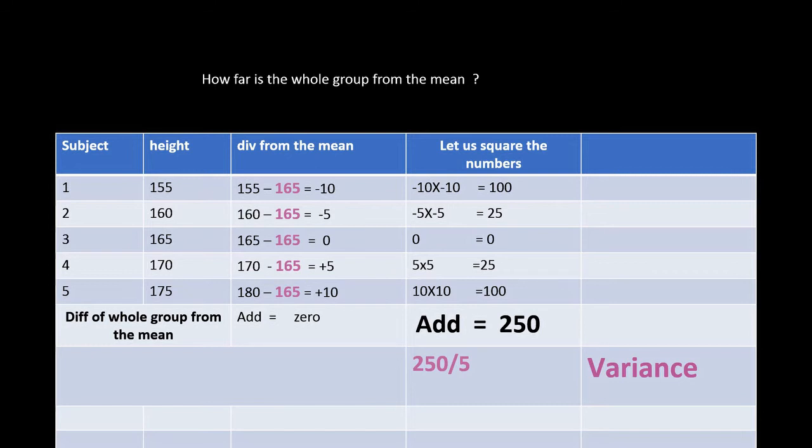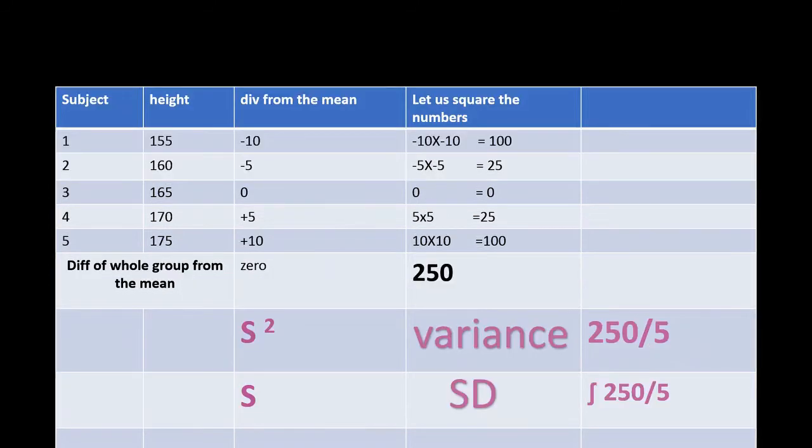So the variance is just the squared differences divided by the total number of the sample. Now, as we squared things, if we take the square root of this value, this is the standard deviation.